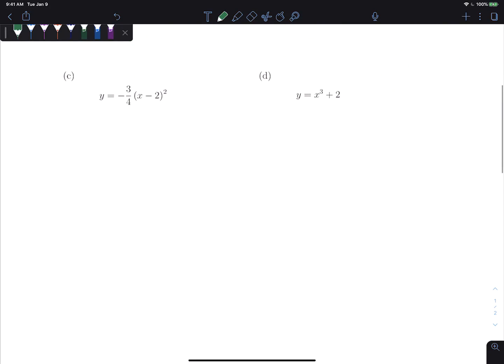Okay, letter C. We have y equals -3/4 times x minus 2, all squared. We need to get rid of the -3/4 there, the subtraction, but be very careful, do not get rid of any exponents. So never get rid of any exponents. If we look at this, the only thing that we have left here is y equals x squared.